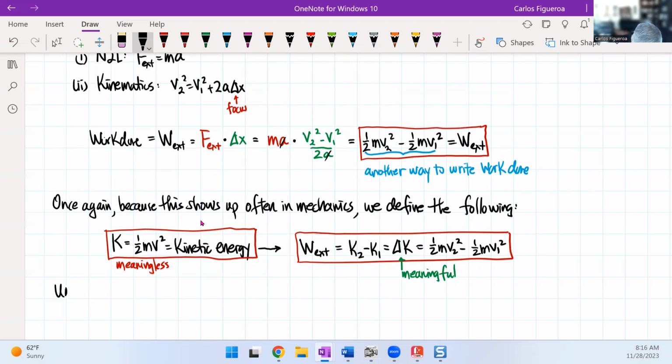Now, if I look at the units, the unit of work is also the unit of delta K. Even though I'm writing K, I should be writing delta K. This is our unit in the metric system, which is a joule, and so they are one and the same.